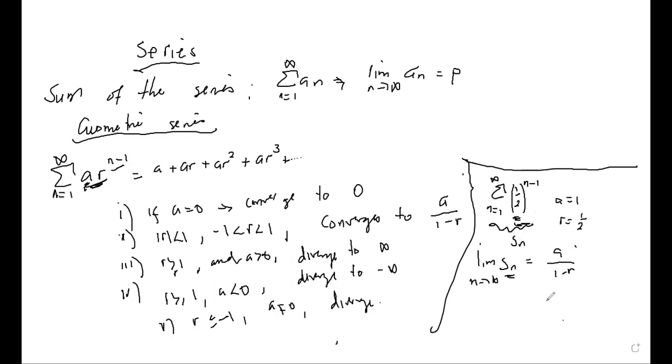In this case, because I already know what our A is, 1, and then we have our R as half, so you work out this and get 2.